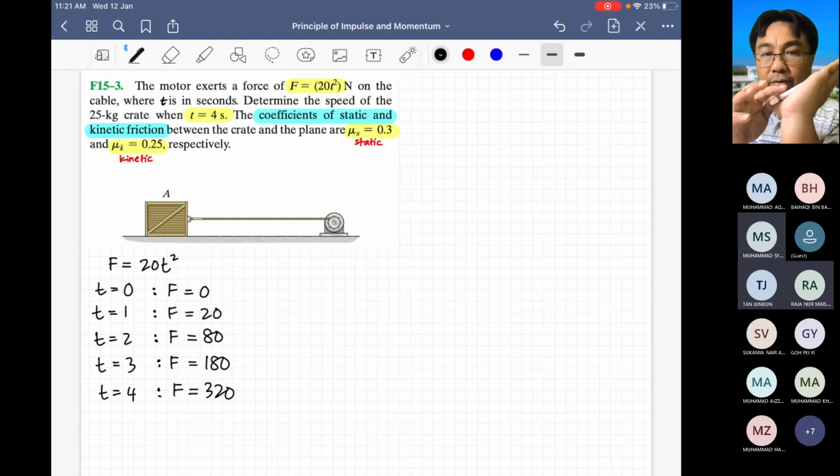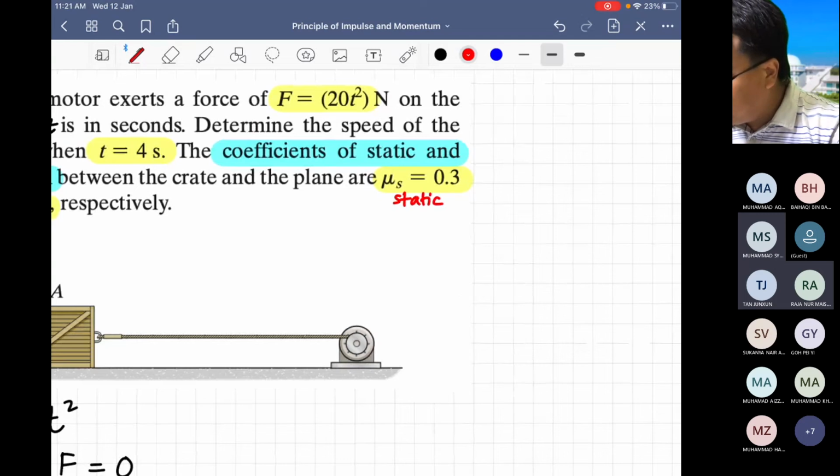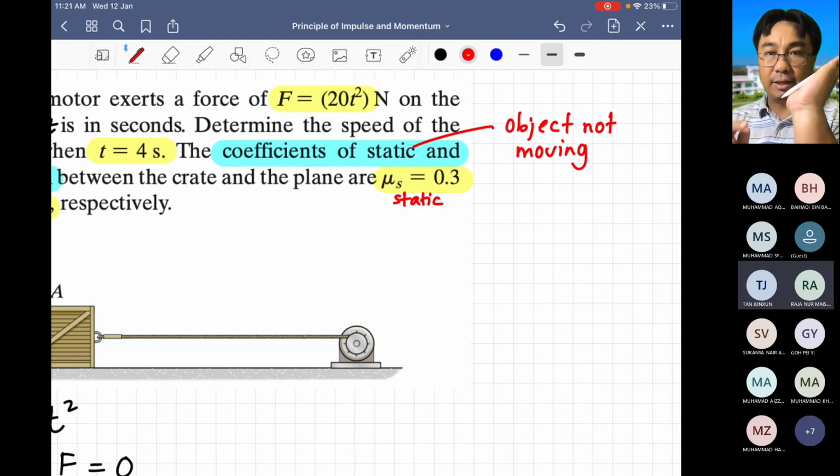So, coefficient friction yang mana kalau objek tu tak bergerak is coefficient of static friction. Dia berada atas surface tapi dia tak move sebabkan ada friction. Dia tak jatuh sebab ada friction. So this is coefficient of static friction yang sedang bertindak atas dia.